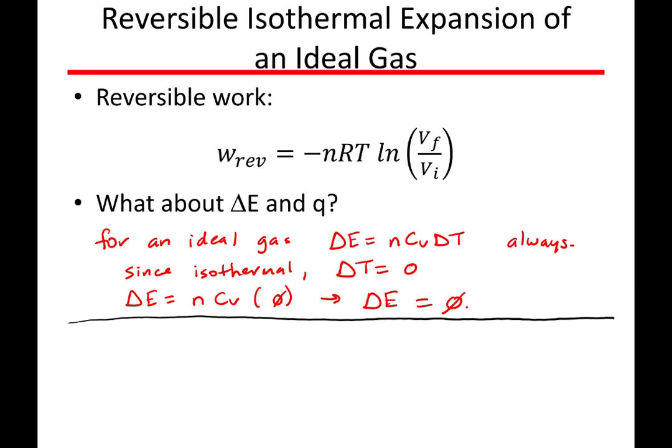Now let's consider Q. For Q, we can use the first law of thermodynamics. We know what delta E is and we know what W is, so we can relate them using the first law. We could say delta E is equal to Q for this reversible process plus the work for this reversible process. Now delta E is 0, so 0 equals Q rev plus W rev. And you can solve for Q by subtracting W rev from both sides.